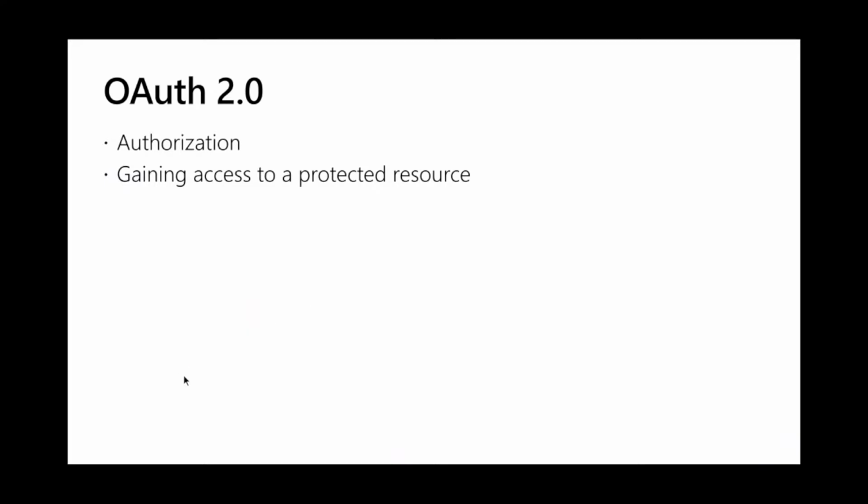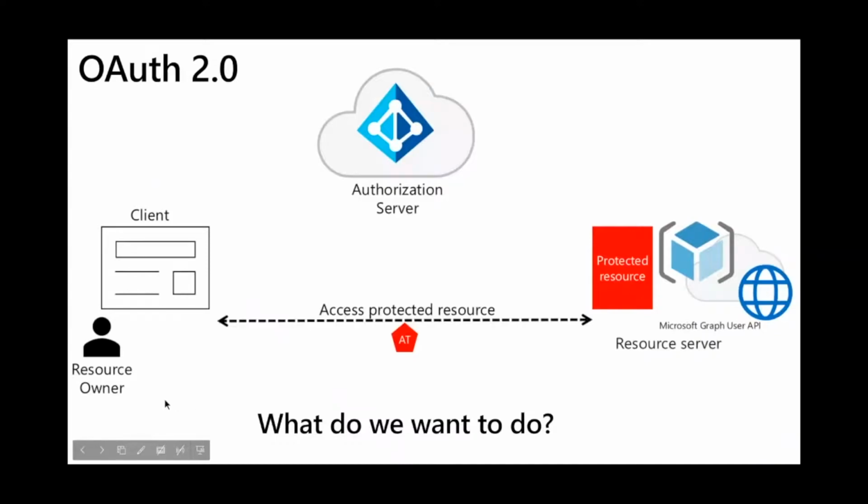In basic terms, OAuth 2 is about authorization. A user wants to gain access to a protected resource. In other words, what do we want to do? I want to gain access to a protected resource, like the Microsoft Graph User API, or I want to access my own protected API. If my goal is to access a protected resource, then I'm using the OAuth 2.0 protocol.